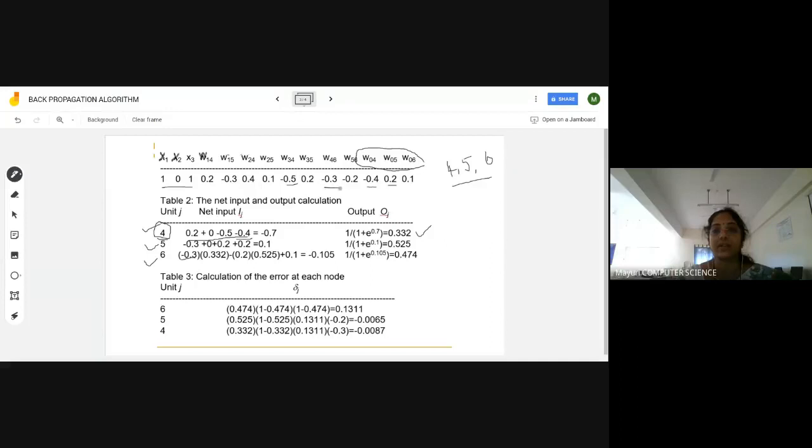W46 is minus 0.3 into the output at 4, which acts as input to 6, and then W56 into the respective output at 5, which acts as input to 6, and then its bias weight, that is W06 value. So I got this much. After applying my activation function, I got 0.474.